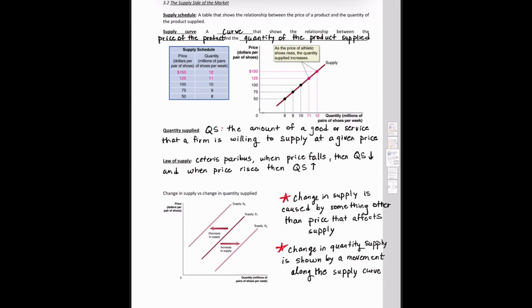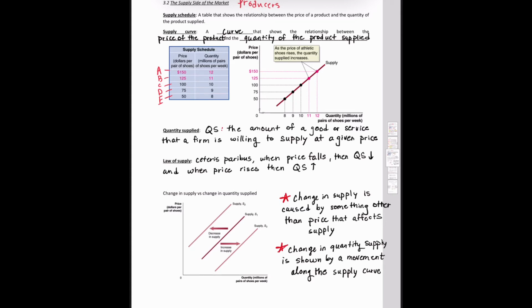So with that in mind, let's go ahead and look at the supply side of the market. Supply side of the market focuses on producers. So just like with the demand side, we have a schedule and a curve that corresponds to the supply side of the market. We can see here we have different prices, but in this case, we are looking at how much a producer is willing to supply at specific prices.